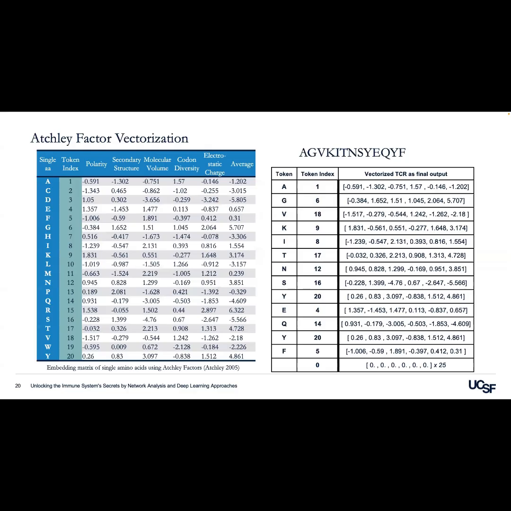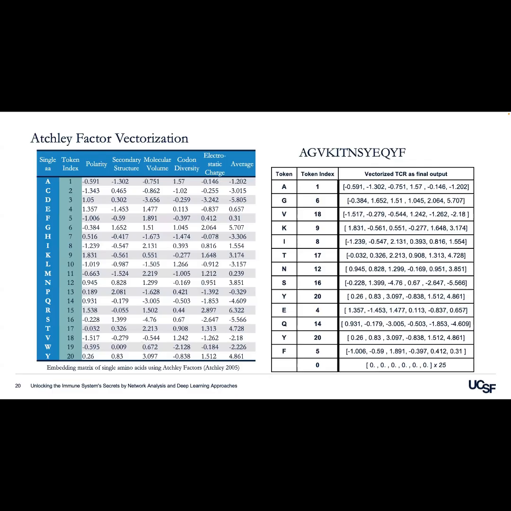Here we introduced Atchley factor vectorization. We are not the first to use it, but we use it more smartly. Atchley factors represent over 500 different amino acid properties in 5 properties, which you can see at the top.